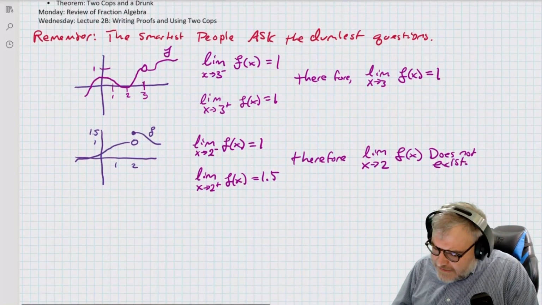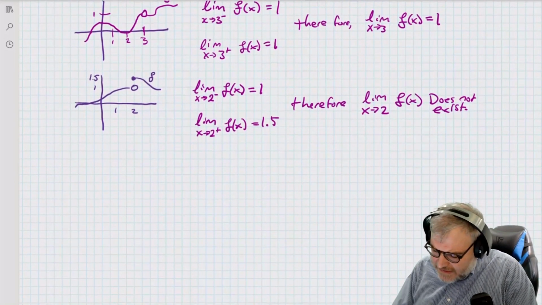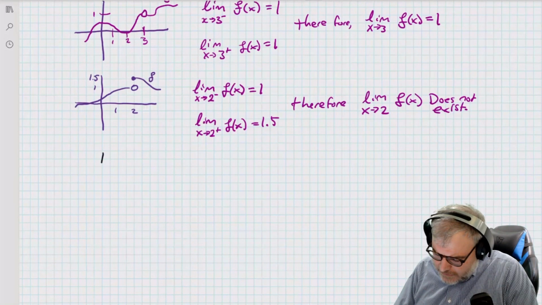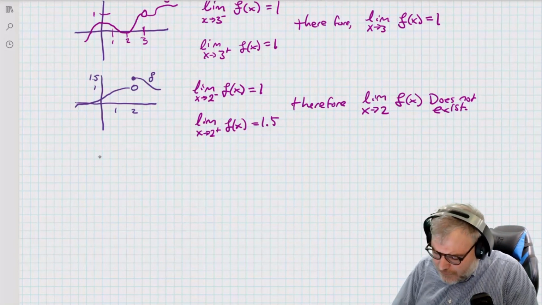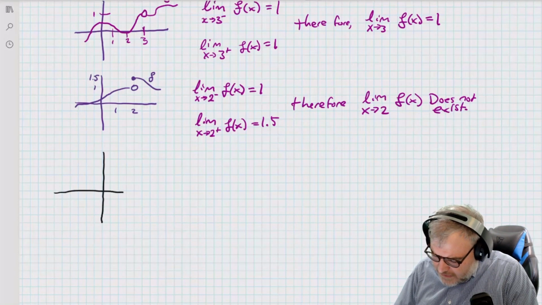And then I had some basic functions. This is a very important function: f of x equals 1 over x. It's one of the big important functions that we have when we talk about these things.